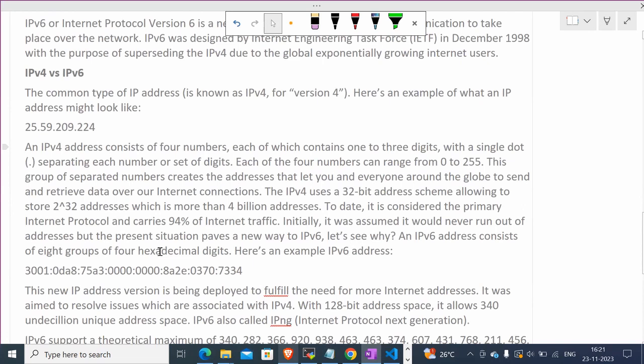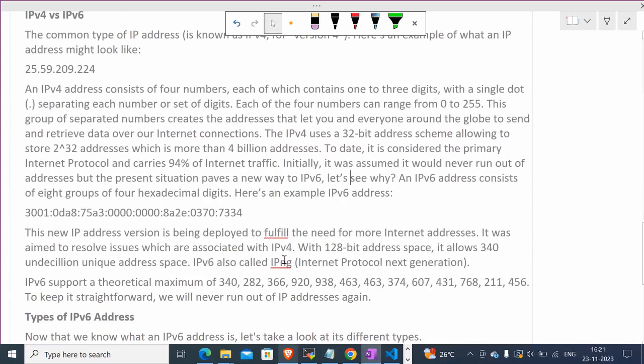IPv4 was in decimal; IPv6 is in hexadecimal. Here is the example. I know it doesn't look very beautiful, but believe me, while assigning IPs, beauty is the last thing you want to see. Right now we have a problem that we don't have addresses to assign, so this is solving that problem.